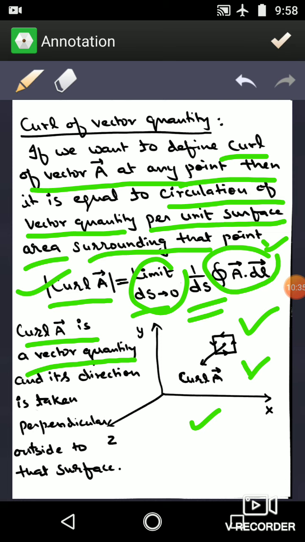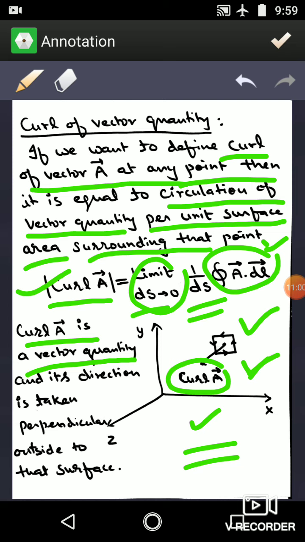Therefore, if the surface is in the xy plane, you can see in this diagram that I have taken the closed curve as well as the surface bounded by that closed curve in the xy plane, then the direction of curl A will be in the z direction, because the closed curve or surface is in the xy plane.